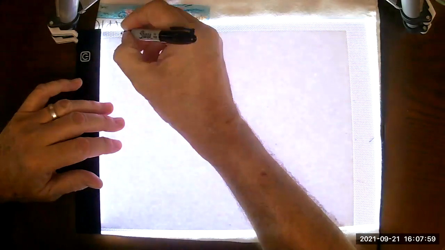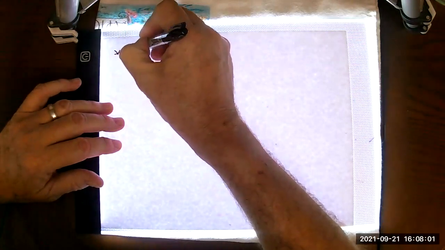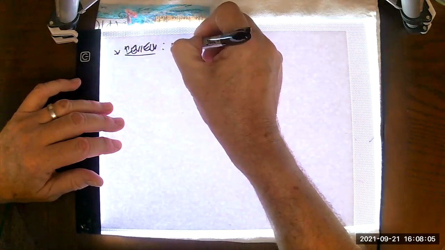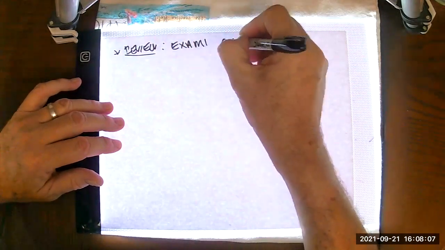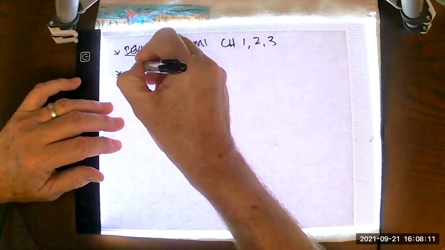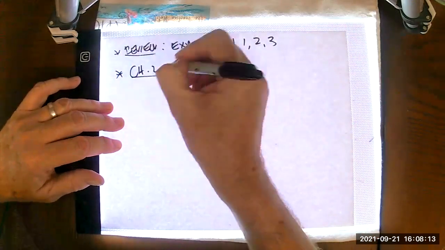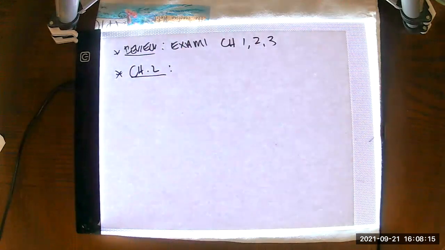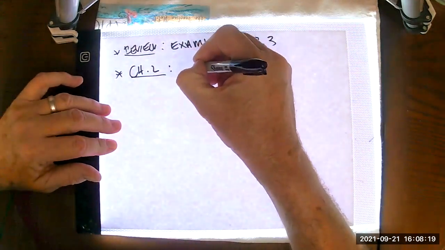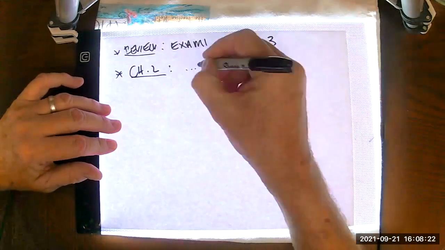All right, this is my review for exam 1, chapters 1, 2, and 3, specifically chapter 2. We spent almost all of our time in 2.1.